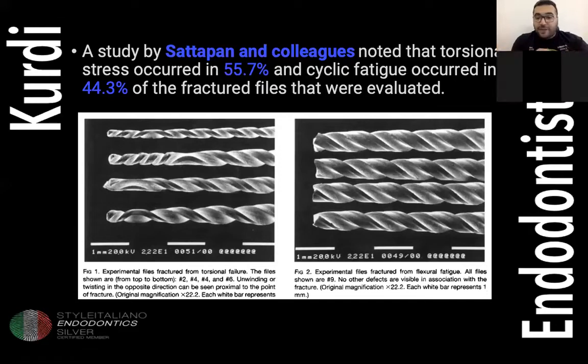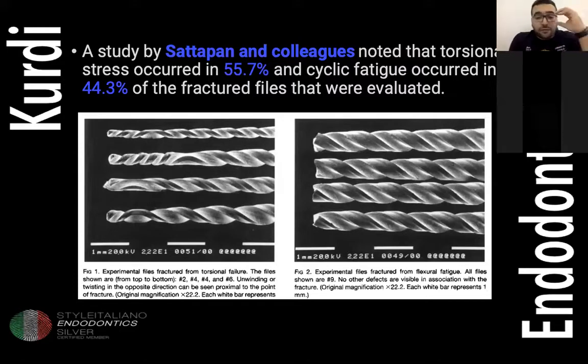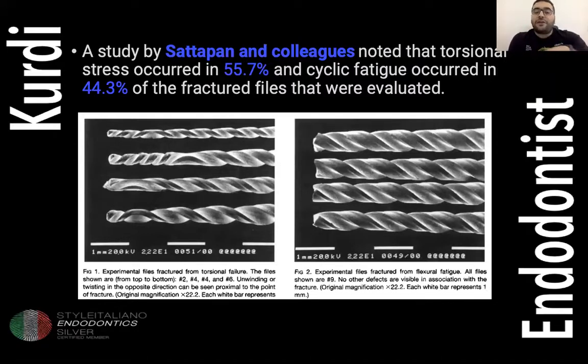If you look at this picture, when we see such pictures in any of the textbooks or even on the network, we just turn the page because such pictures are not catchy for us. But if you look at figure number 2, you can notice that these files were broken due to cyclic fatigue. You can see that the flutes are regular and the fracture site is a little bit smooth or regular.